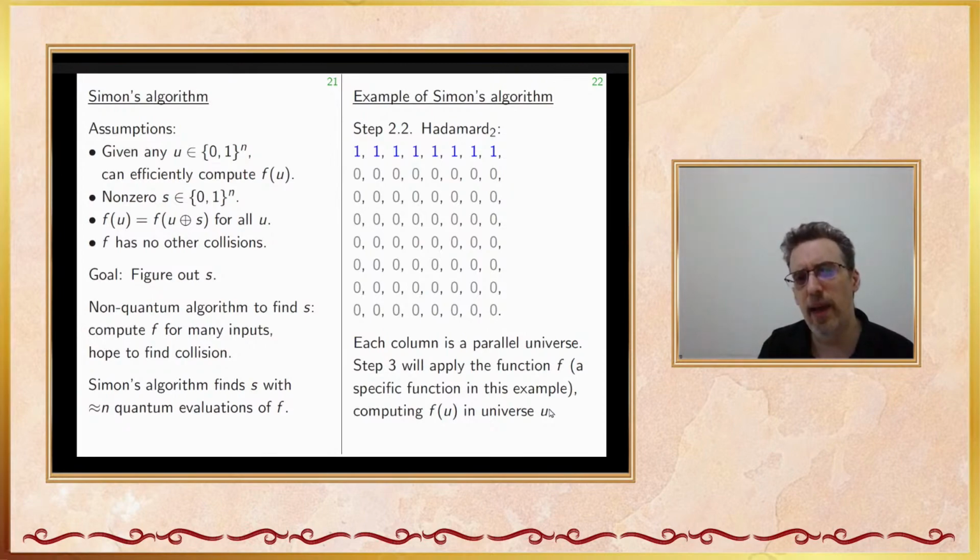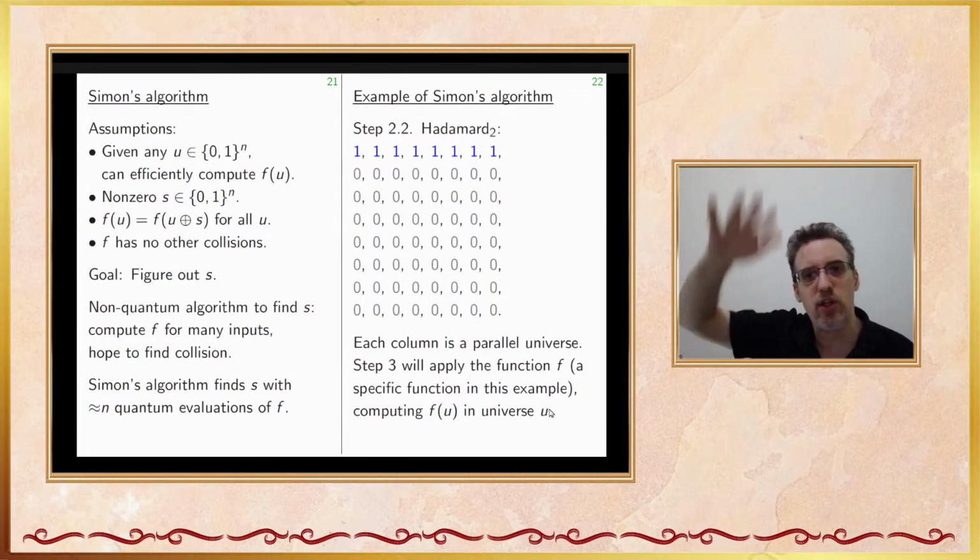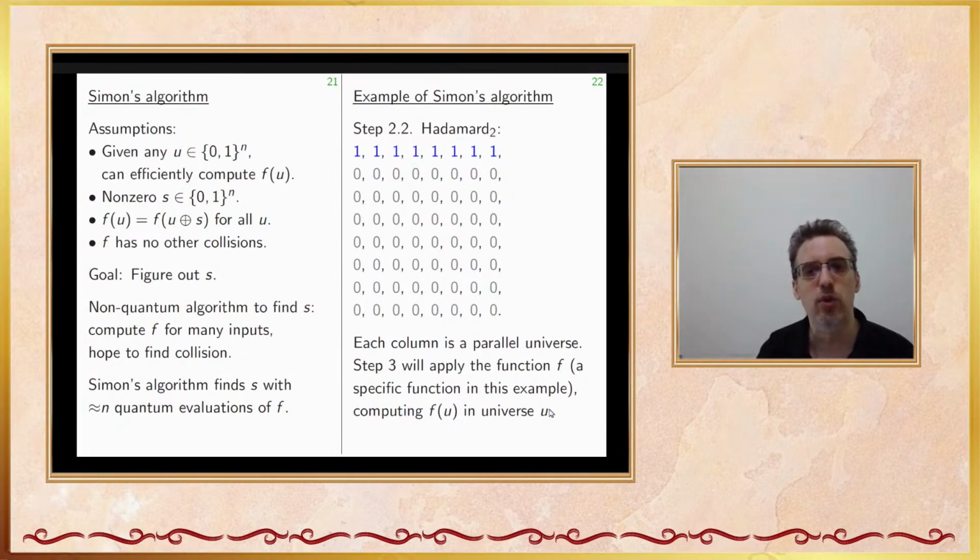Now, what's going to happen next is we're going to use this big vector processor to evaluate this function f on each of the positions separately. So the way to think about this is that we have 8 separate universes, 8 separate u's. And in each of those, at the same time, we're evaluating f on u and getting an f of u, which will be represented by the 1 moving somewhere vertically to the corresponding f of u position. Now, f has a bunch of steps in it for my example, and I'll just run through the steps.